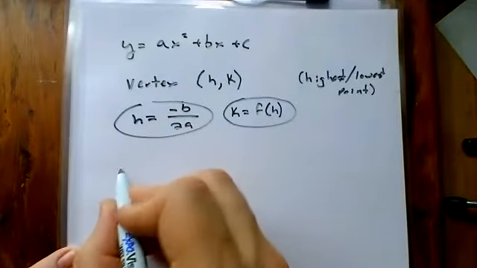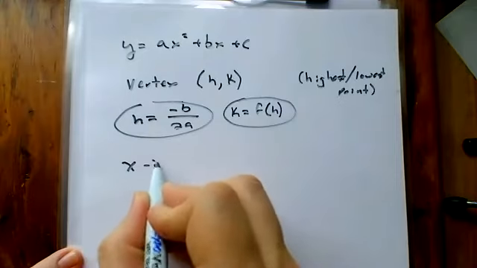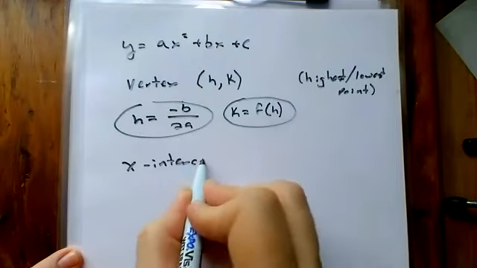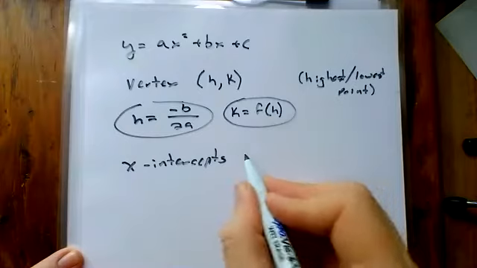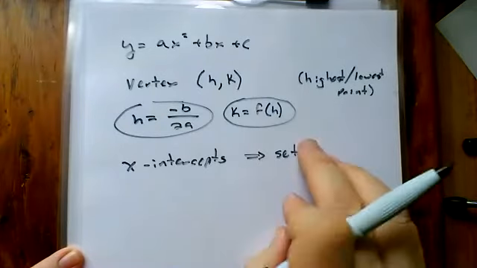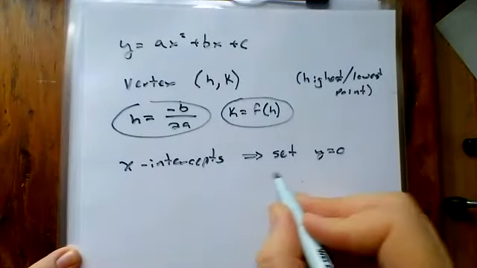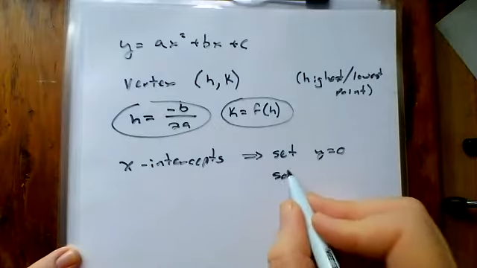If we're to find our x-intercepts, we're going to set the y equal to 0 and solve.